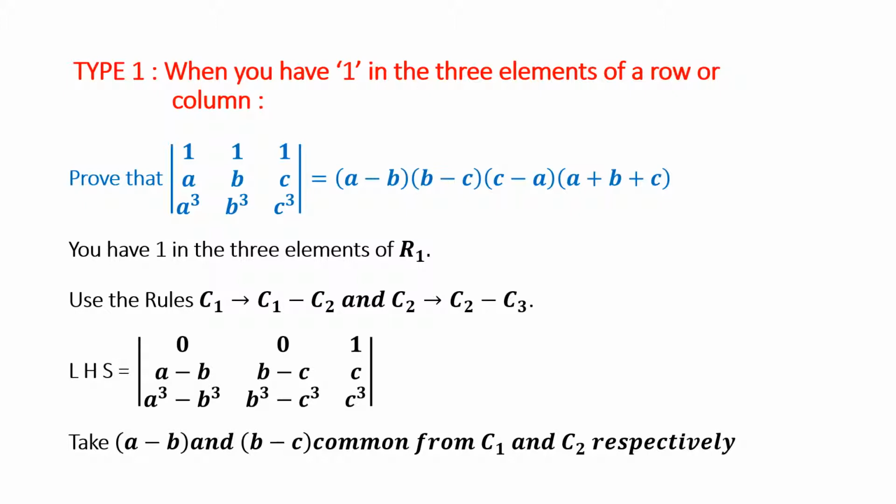Now, I have got 2 zeros, but I am not going to expand now. Always try to take any common factor out and make your determinant as simple as possible. So, now I am taking A minus B common from C1 and B minus C common from C2. Okay. So, do you understand up to these steps now?